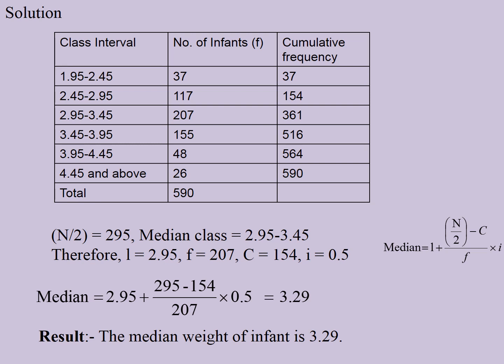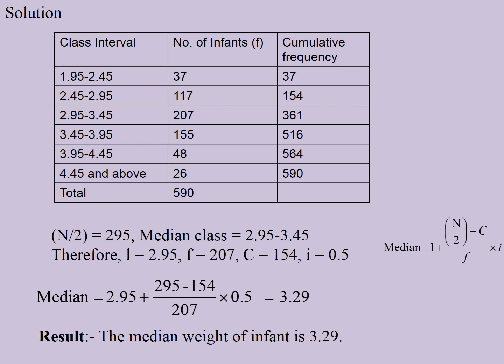So the first two columns are already with you. You have to find the cumulative frequency in the third column. How to find the cumulative frequency? Cumulative frequency means you add the frequency of the previous classes to the frequency of the current class. For the first class interval the cumulative frequency is 37, but for the second class interval onwards, that is 2.45 to 2.95, you add the cumulative frequency of the first class to the second class, that is 37 plus 117, and the cumulative frequency for the second class is 154.